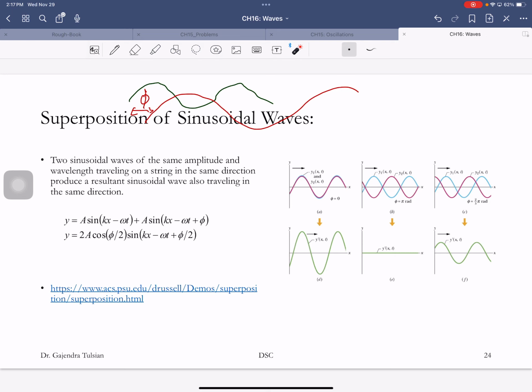So how do you know that there were 2 waves canceling each other, or that I was producing no sound? How can you tell the difference? Did you guys understand the question? So let's say I send 2 waves and she hears no sound.